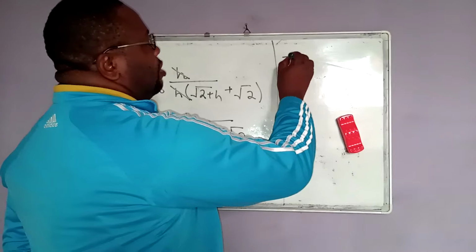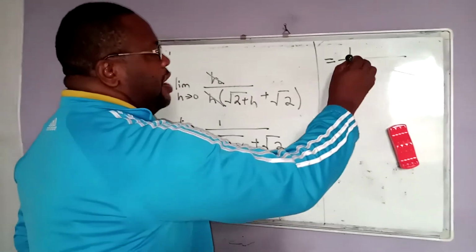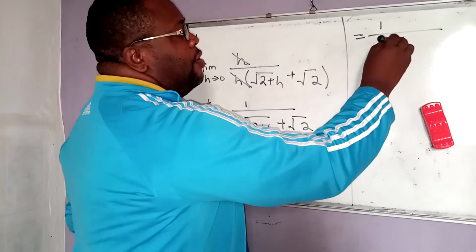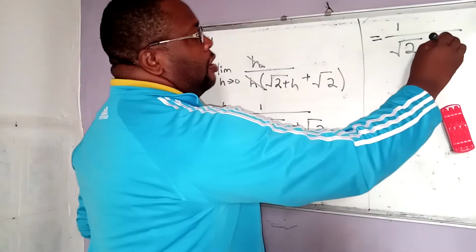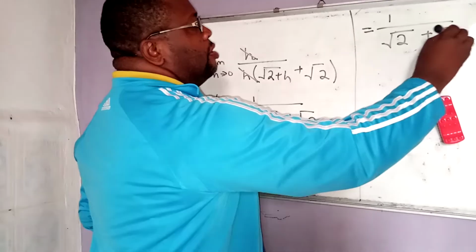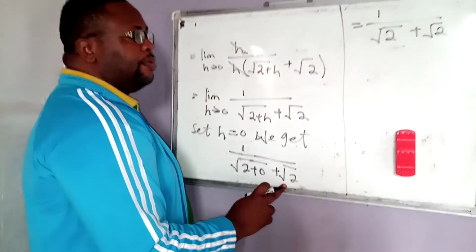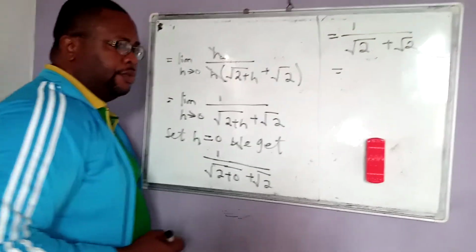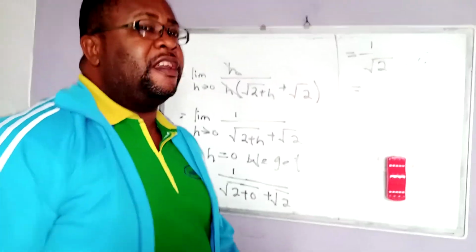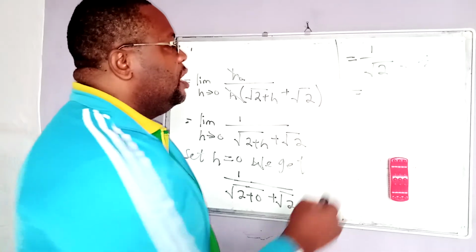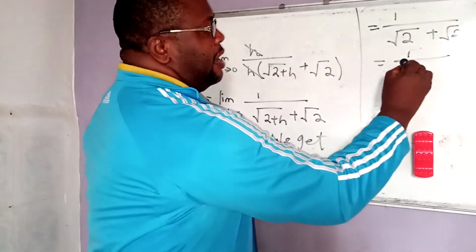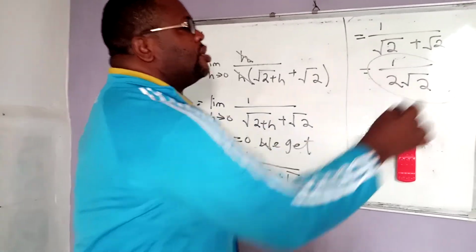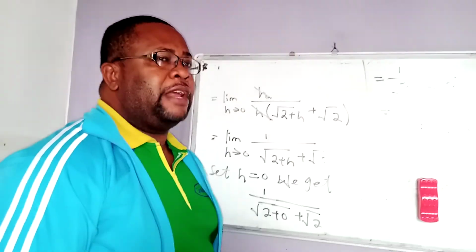So this becomes equal to 1 all over square root of 2 plus 0, which is 2, so I have 1 over root 2 plus the other square root of 2 here. At the end of the day, square root of 2 plus square root of 2 will simply give me 2 root 2. So I simply have 1 divided by 2 square root of 2, and that becomes our final answer for that problem.